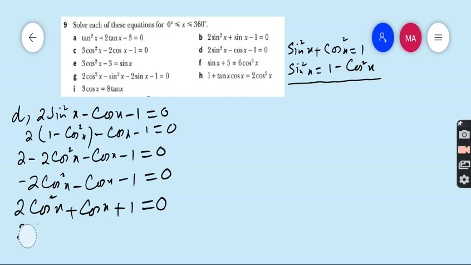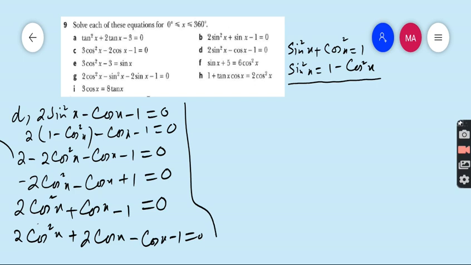No, one mistake I did: plus 1 and minus 1 is plus 1. Sorry, after multiplying each number by minus 1, this plus 1 becomes minus 1. Okay, 2 ones are 2, 2 minus 1 is 1. So 2 cos square x plus 2 cos x minus cos x minus 1 is equal to 0.